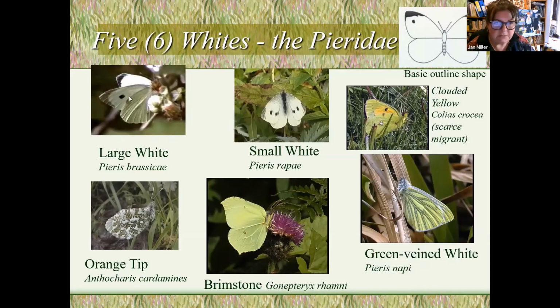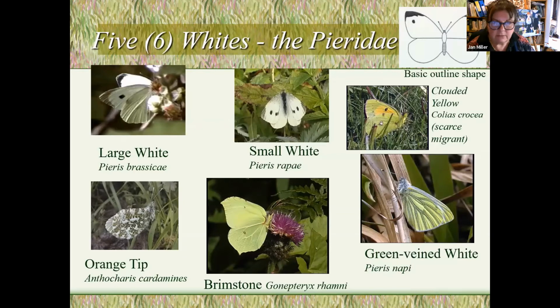So what I tell people to look for is on the large white, look for the black tip on the top wing coming right down the side of the top wing. Whereas on the small white, you've just got a black tip at the top there.